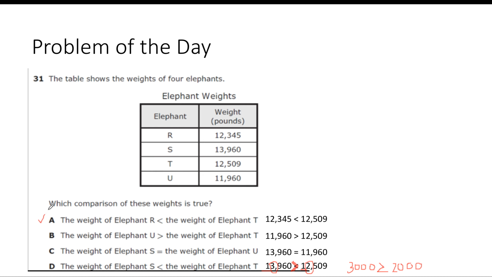So remember, we said A was true, we said B was not true, we said C was not true because those numbers aren't equal, and now we know that D is not true. So that leaves us with A as our answer. We know that because 12,000 and 12,000, these two numbers are the same. We get to our hundreds place and we see that 500 is greater than 300, so we know that this number is greater.